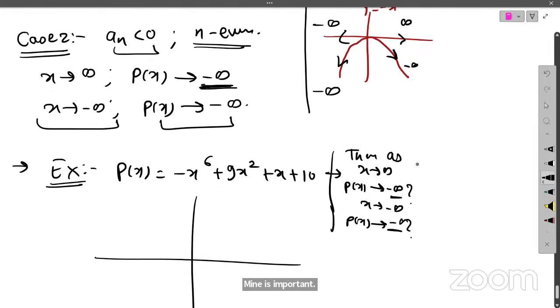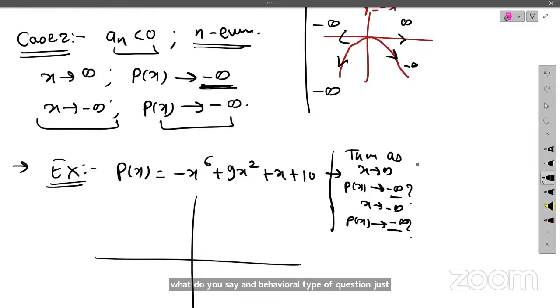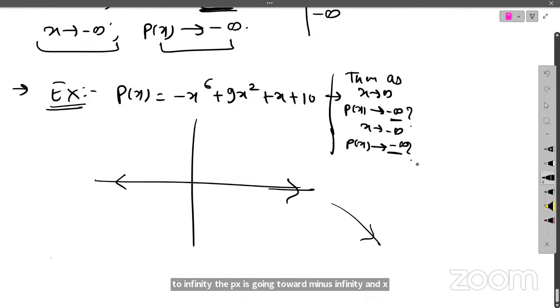Correct. That's why we always get confused. So whenever you have an end behavior type of question, just make a quick chart so you don't get confused. Here, as x goes to infinity, p(x) goes toward minus infinity, and as x goes to minus infinity, p(x) also goes toward minus infinity.